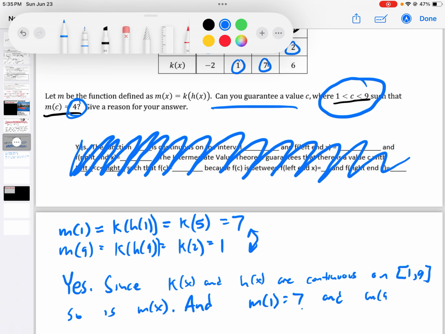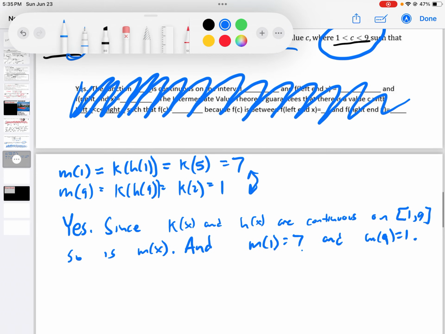And m of 1 is equal to 7, and m of 9 is equal to 1. So I'm stating that the function's continuous, I'm writing the y values at the endpoints, and then now we can invoke the IVT, the intermediate value theorem.